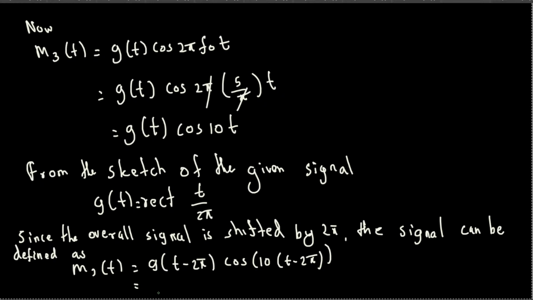Okay, now we can express our function. We have g of t minus 2 pi, which is basically rect of t minus 2 pi divided by 2 pi, and that one multiplied with cos 10 times t minus 2 pi. So for this one we have to do the Fourier transform.